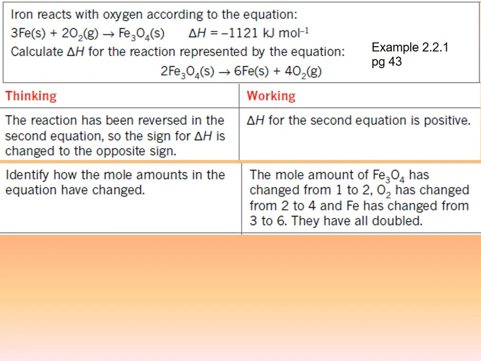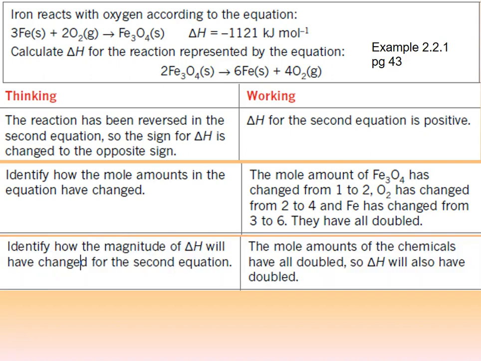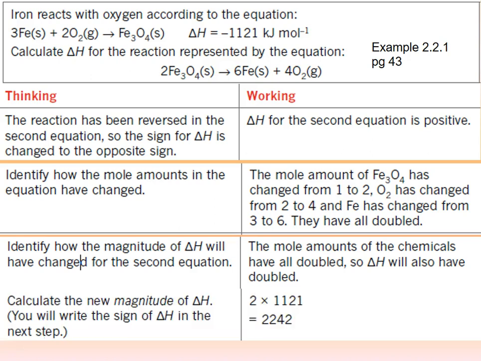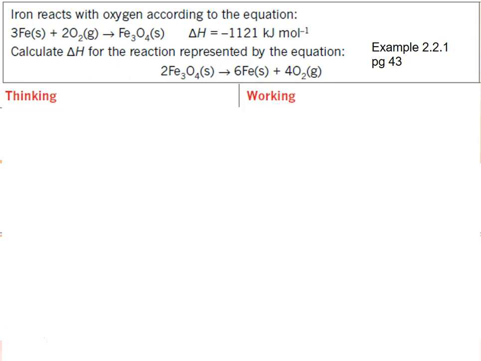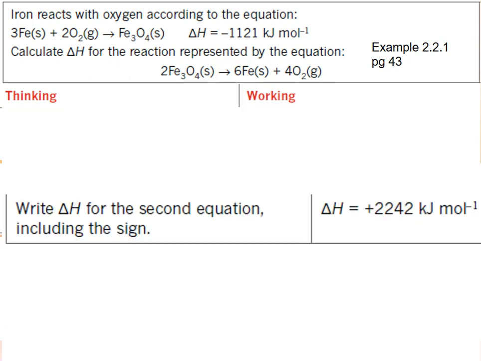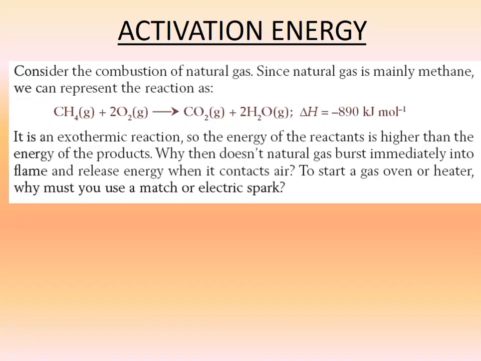You've gone from 1 to 2, you've doubled it. Identify the magnitude, so you're just going to double that. So it'll be 1,121 times 2. So that's the answer. All right.